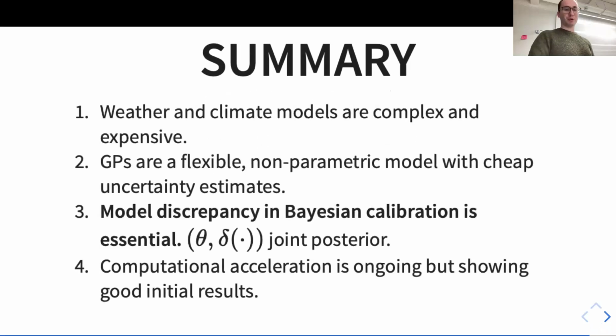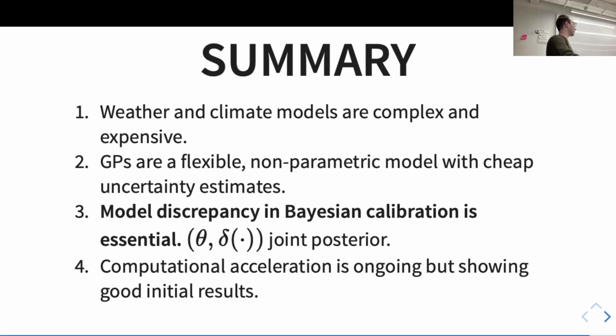Okay, I am there, I promise. Summary. The weather and climate models are complex and expensive. That's not news. GPs are flexible, they're non-parametric models, and they have relatively cheap uncertainty estimates once you've calculated your means. The model discrepancy in Bayesian calibration is essential.